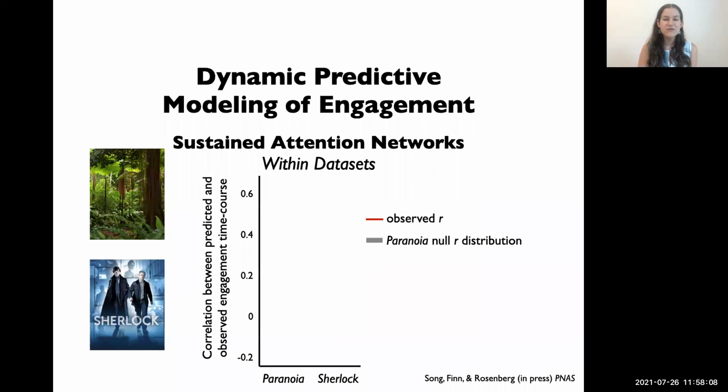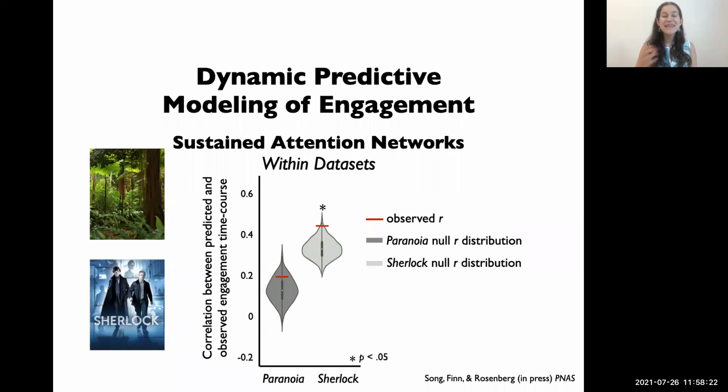Interestingly, the results revealed that in the audio narrated story, we call this the paranoia dataset, patterns of connections in the sustained attention network didn't capture dynamic changes in engagement over time. However, in the Sherlock dataset, multivariate patterns of connections in the sustained attention network did significantly predict changes in engagement over time.